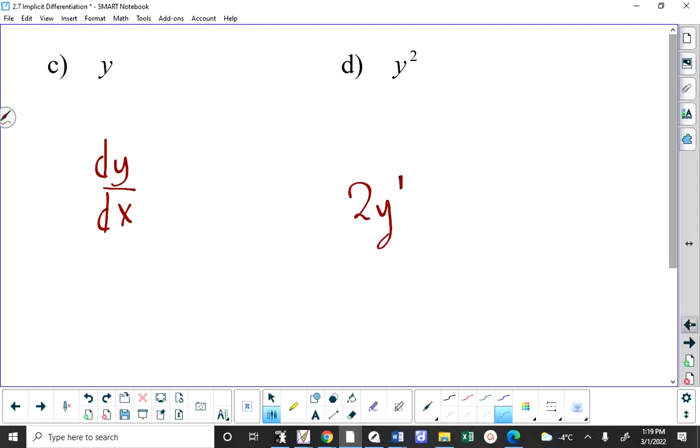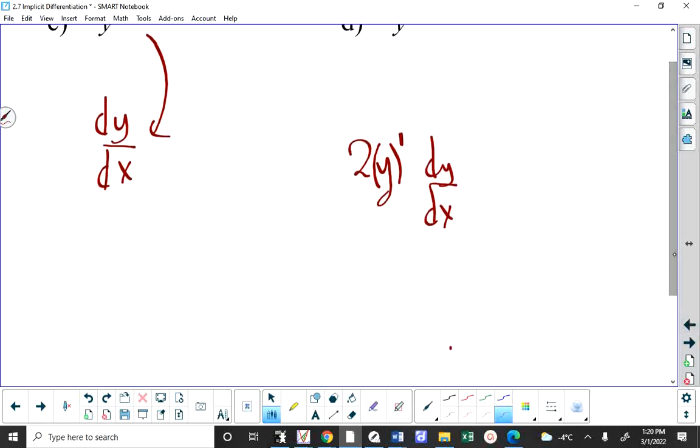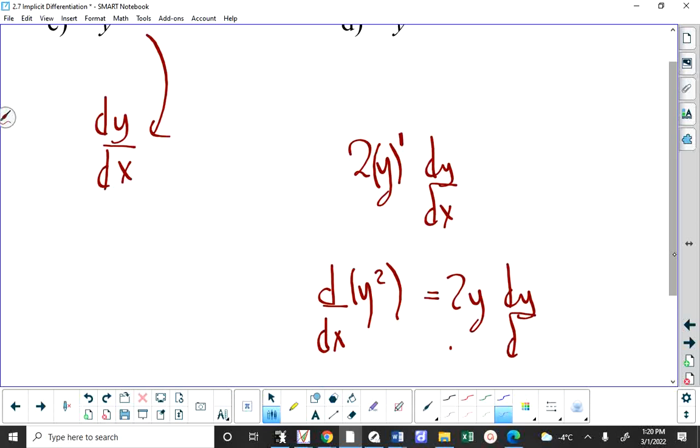You drop 1 from the exponent, and then you multiply by the derivative of what you wrapped the exponent around. But the derivative of what we wrapped the exponent around is dy dx. So the derivative with respect to x of y squared is 2y dy dx.